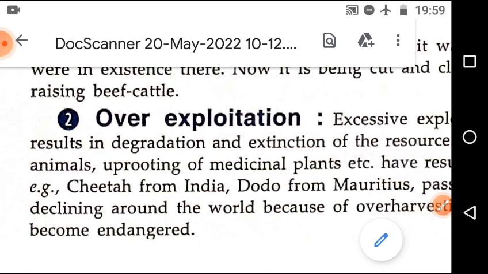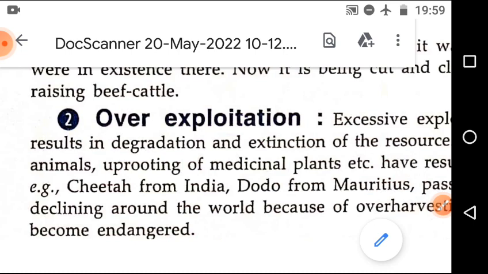Now the way we are using the products of the plant, we are not allowing them to renew, that means to take some time for the renewal. For example, the dairy industry: there is a big bitter truth in the dairy industry. That bitter truth is that we are using cows for getting milk.